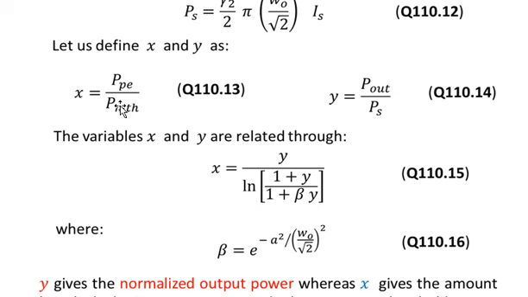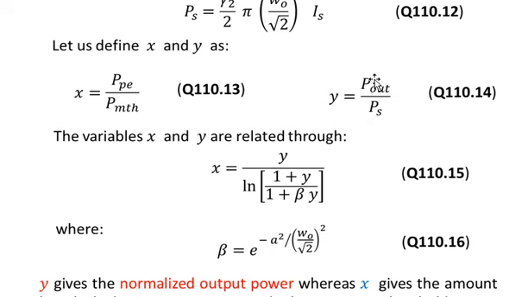Both these quantities are related to the pump. This is the electrical power given to the pump, and this is the minimum threshold power from the pump. And the y variable has been defined as P out over PS.